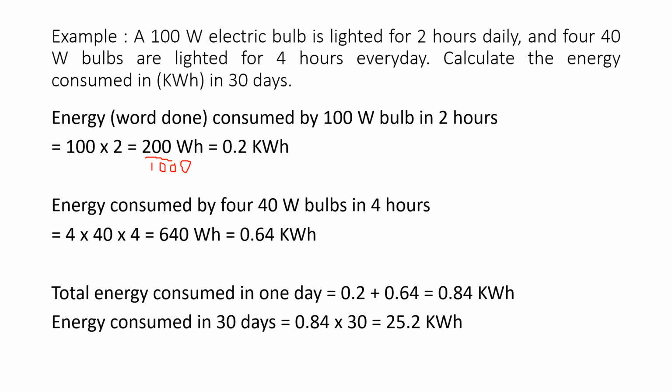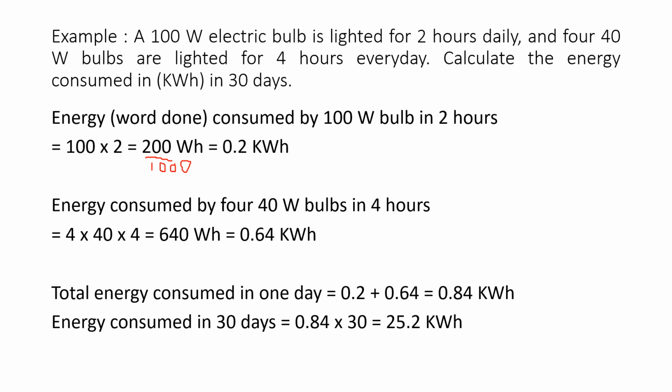So in 30 days you have used up 25.2 kilowatt hour, 25.2 units. So let us say the rate of the GEB, the PGVCL, charges us, let us say 8 rupees, or let us say 10 rupees for simplicity. Let us say it charges 10 rupees per unit.